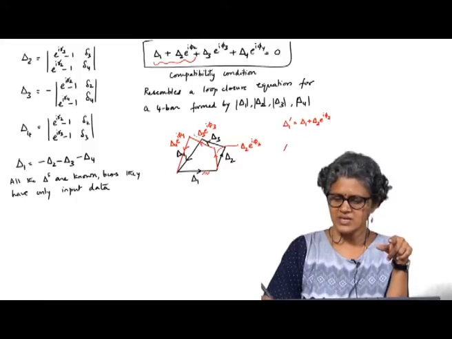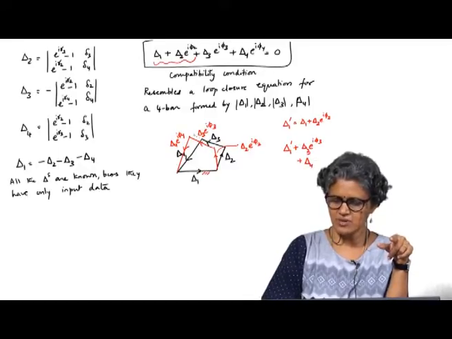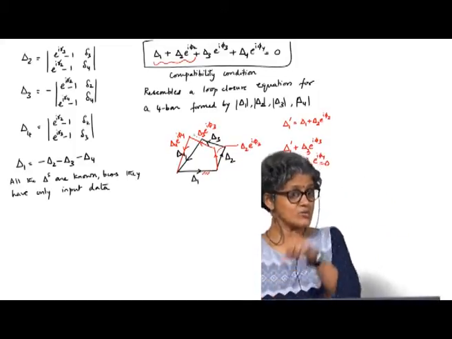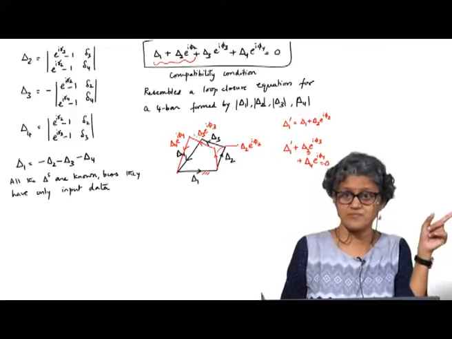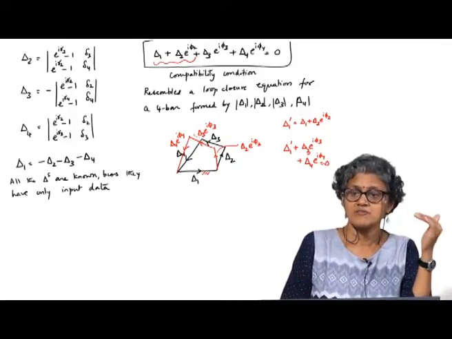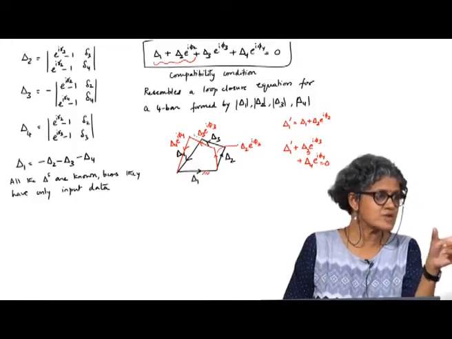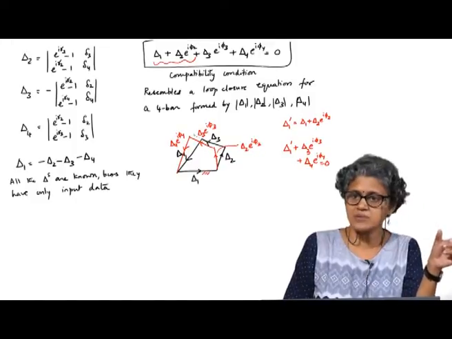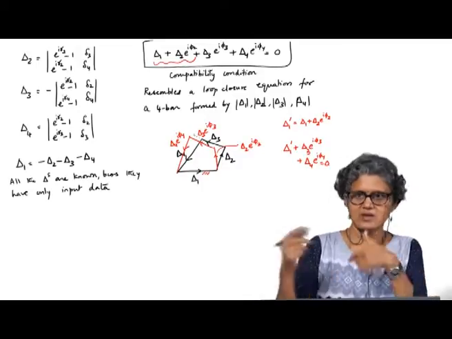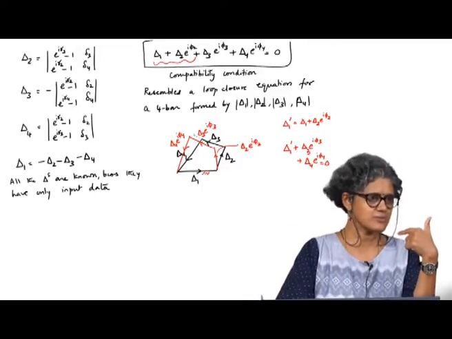So, I can say delta 1 dash plus delta 3 e power i phi 3 plus delta 4 e power i phi 4 equal to 0, which is what I used for the previous one, where I specified the fixed pivot. Remember, I had to solve a transcendental equation there. So, you can repeatedly call that for each phi 2.